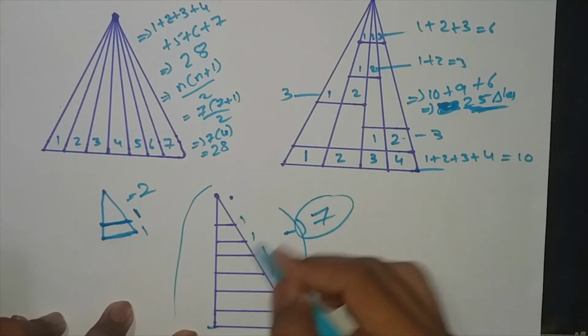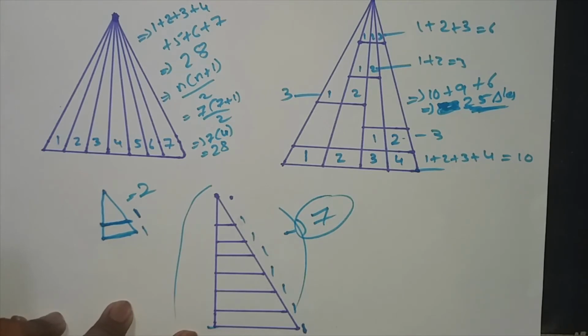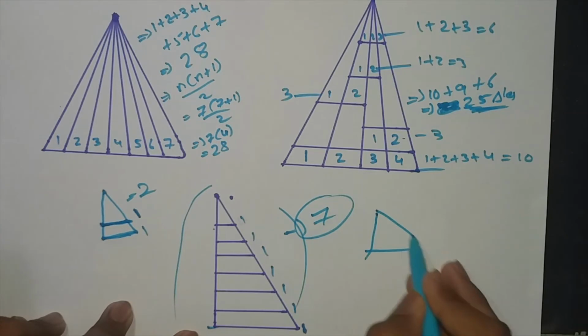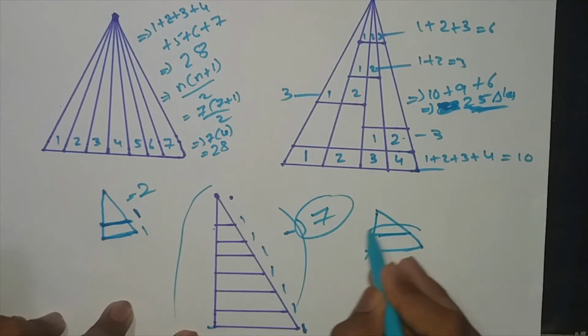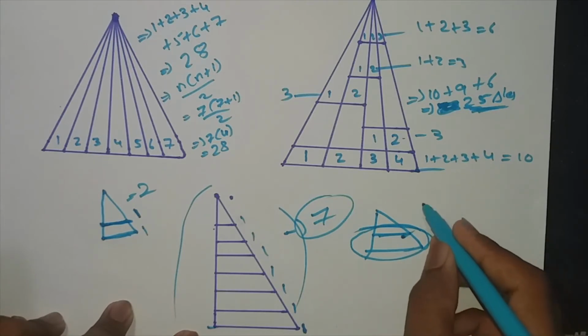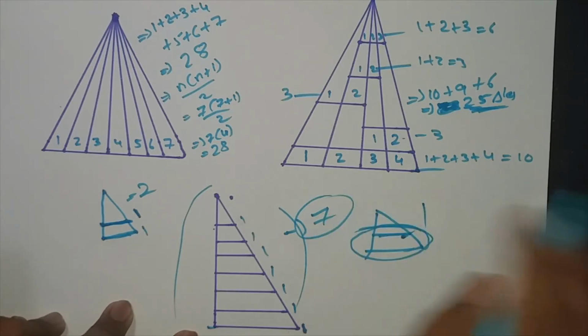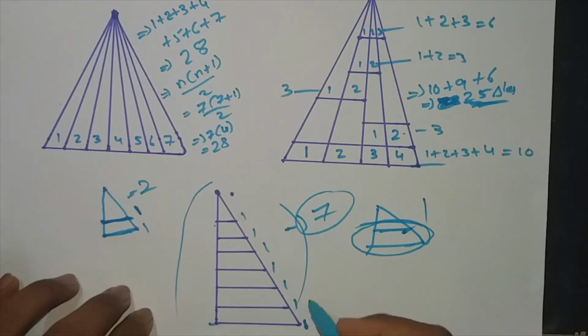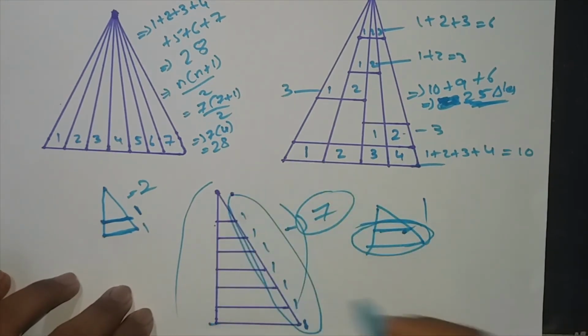So there are 7 triangles in this. That means the simple concept is for every line in between, for every question there will be a line like this. That means you will directly get one triangle. So don't think, directly write one triangle. That means in this question there are 7 triangles.